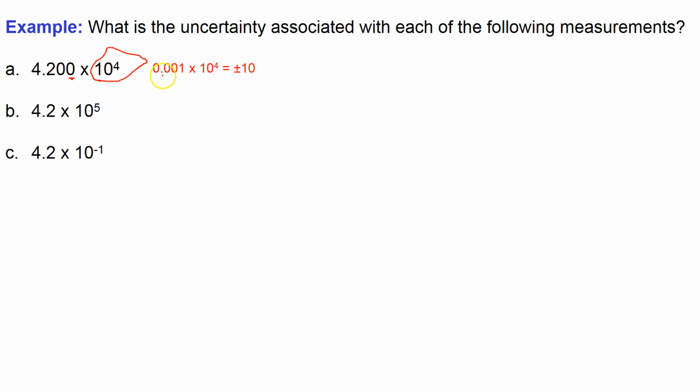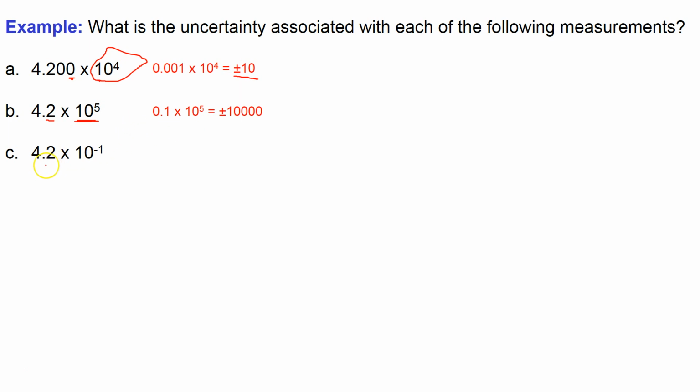So plus or minus 0.001 times 10 to the 4, and that gives me an uncertainty of plus or minus 10. So similarly here, the uncertainty in my coefficient is plus or minus 0.1, but I have to remember to multiply it by 10 to the 5. So 0.1 times 10 to the 5 gives me plus or minus 10,000, or you could write that as plus or minus 10 to the 4 if you wanted to.